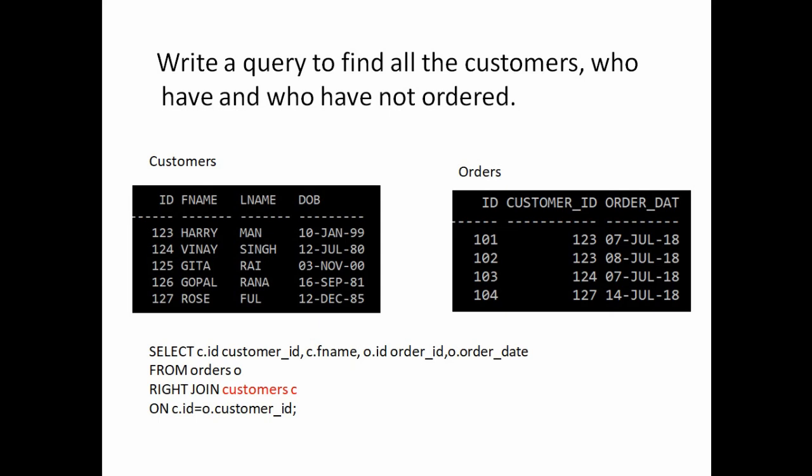So if we are using left join, make sure that the required table is on the left hand side of the left join, and if we are using right join, then make sure that the required table is on the right hand side of the right join.